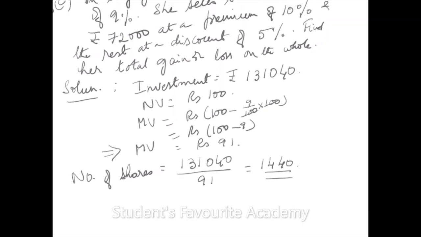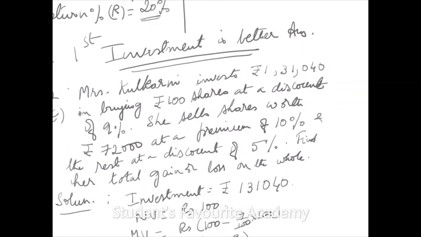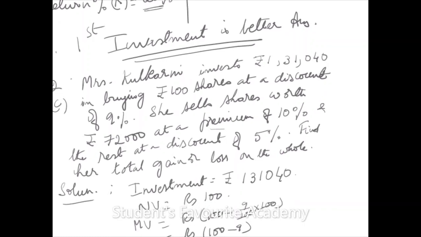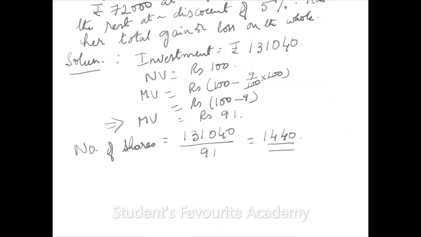Now she sells 70 shares of worth 72,000 when the shares are sold at a premium of 10%. So market value of shares at a premium of 10% will be how much?